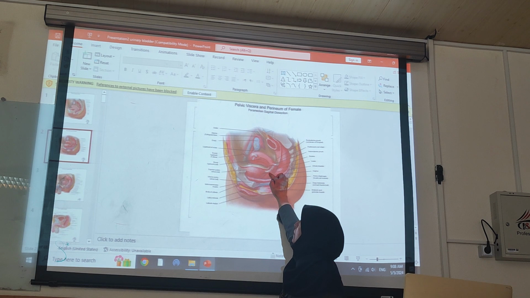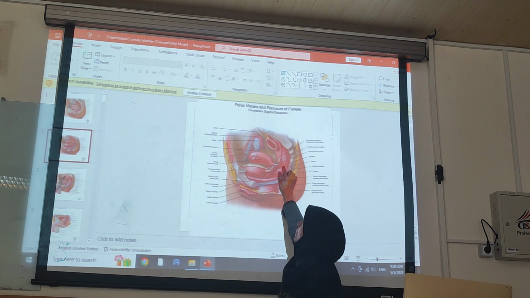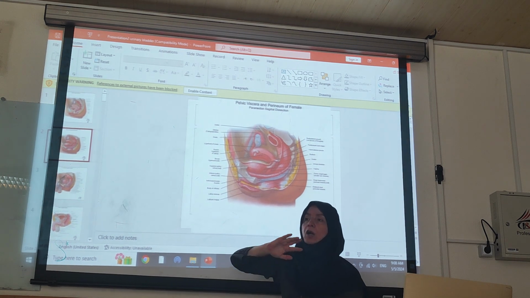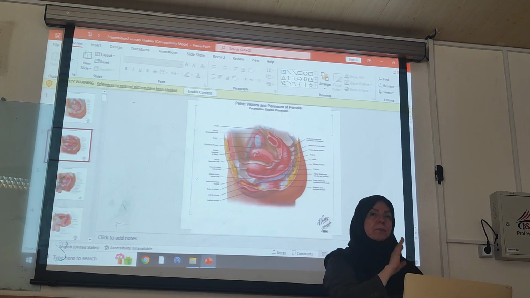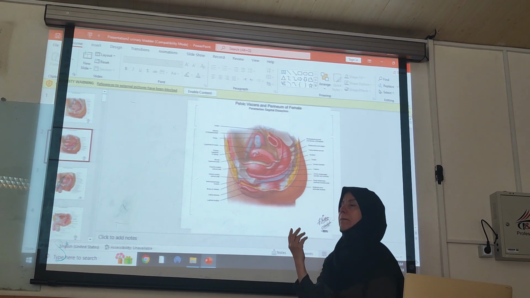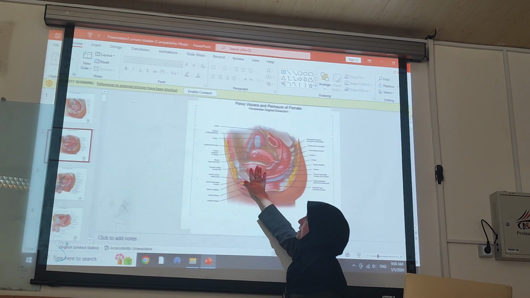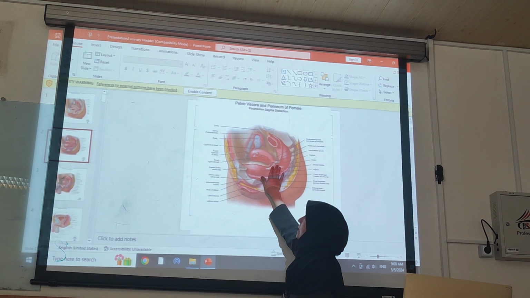Means most part of the vagina and most part of the urinary bladder and most part of the rectum are not covered by the peritoneum. They come inside of the pelvic cavity and are never covered by the peritoneum.